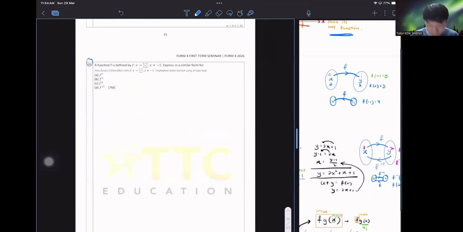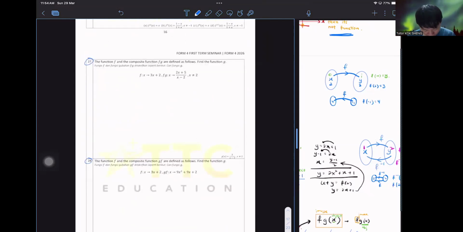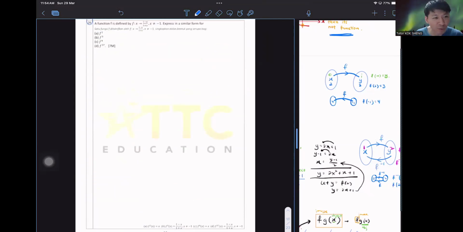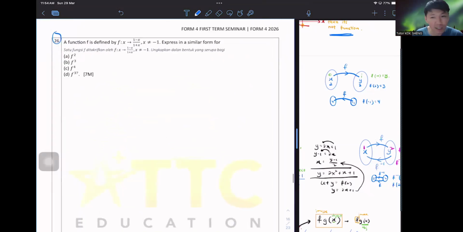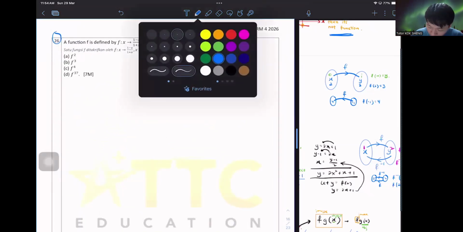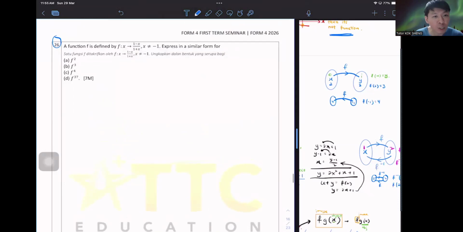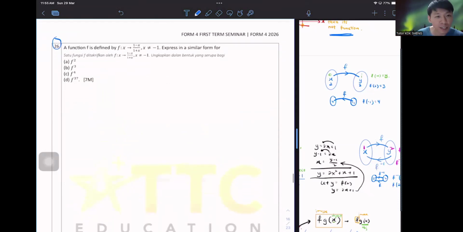Oh, sorry. Three more: 26, 27, and 28. Last three. I know the time will be dragged a bit. Okay, let's go for this 26 first. This is on page 16.